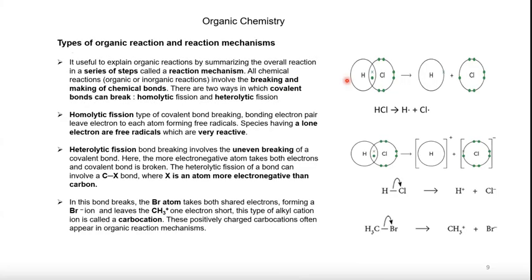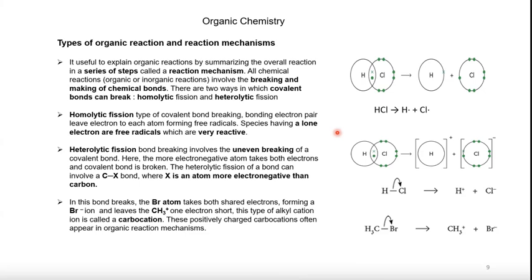Okay, we go for here now. If we talk about organic compounds, we know that we can have thousands and millions of compounds, and then we have to learn types of organic reactions and reaction mechanisms. We have to understand them properly, know what it is, how it is happening.